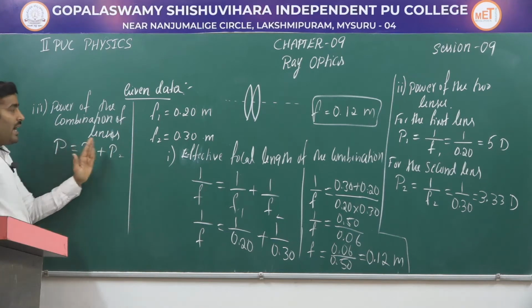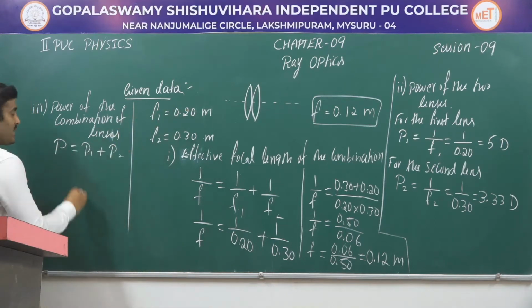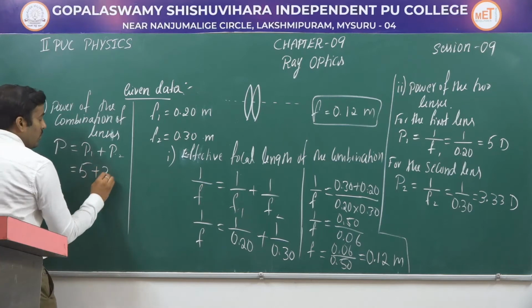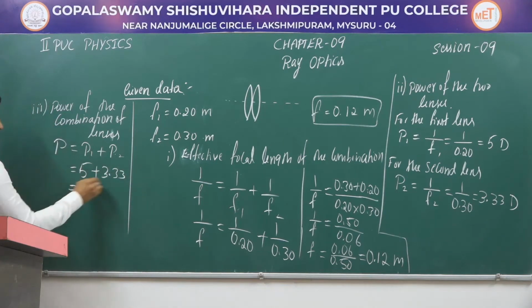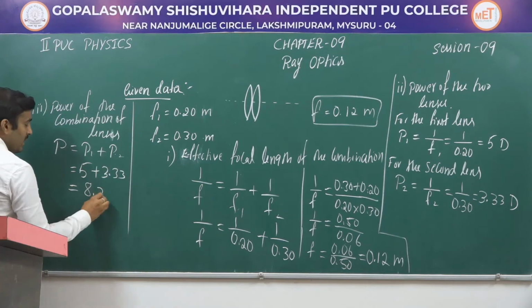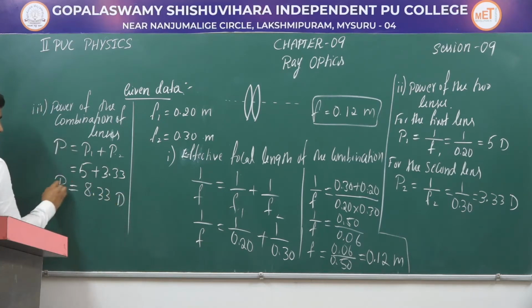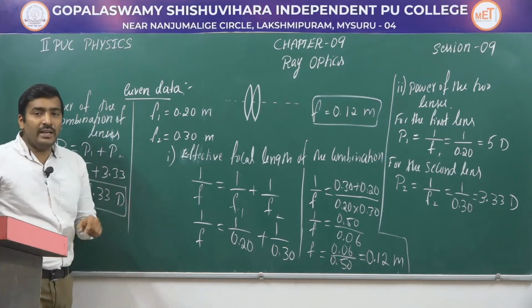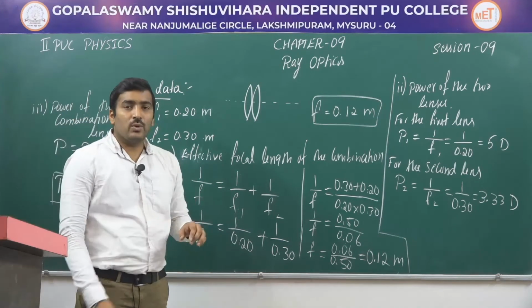It is simply adding the powers of each lens. So this is equal to 5 plus 3.33, and if I add these two, you will get 8.33 diopter. So the power of the combination of the lenses is 8.33 diopter. We will move on to the next question now.